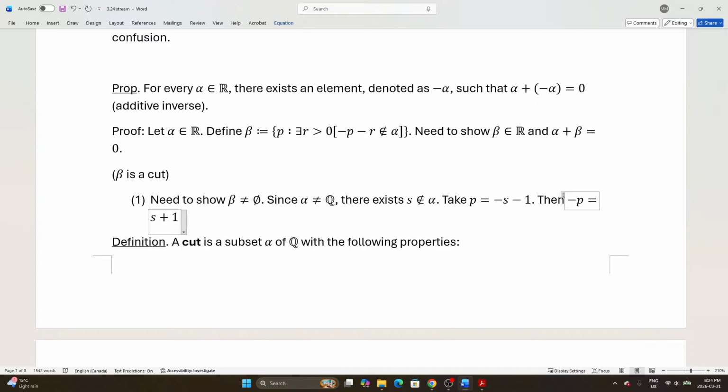Actually, we can write minus P minus 1, which is equal to S, which is not in alpha.